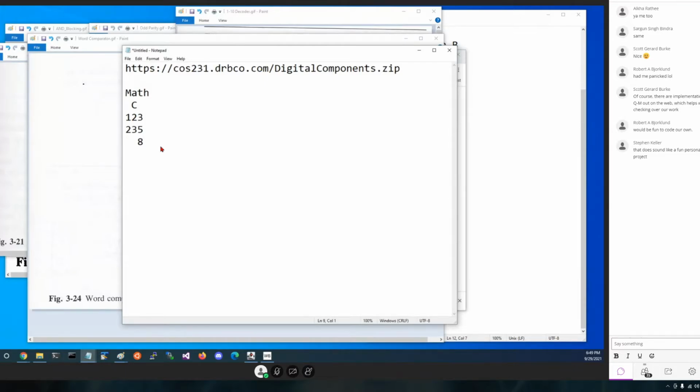The rightmost column is formally called a half adder. It takes A and B in as inputs, and it produces a carry and a sum. So we'll write down our numbers here.